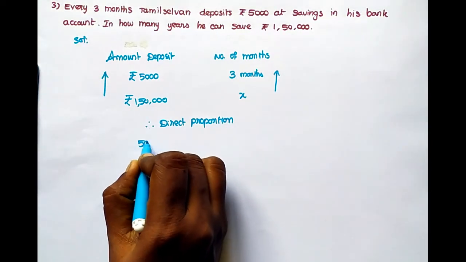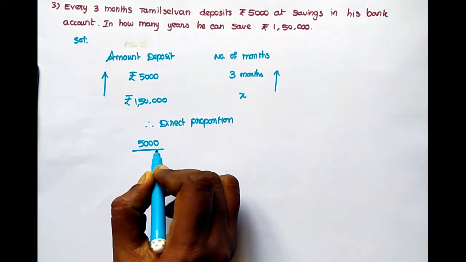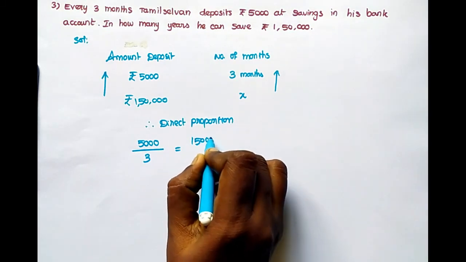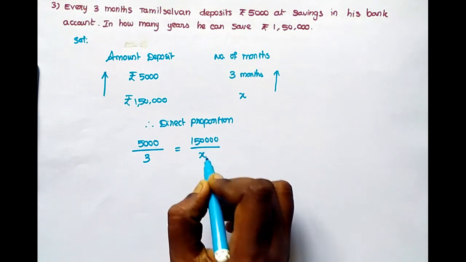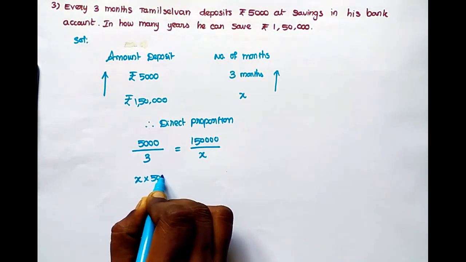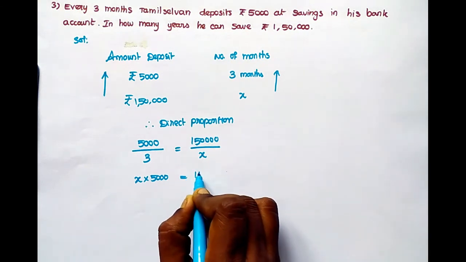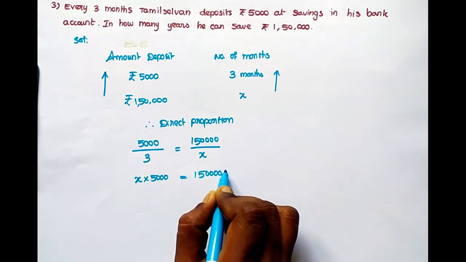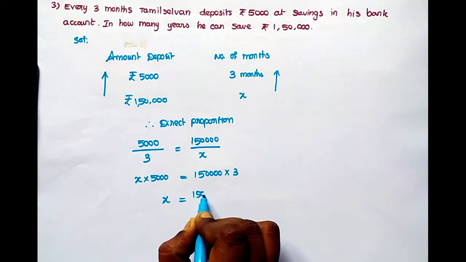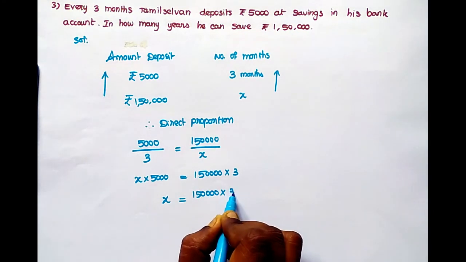Now 5,000 divided by 3 equals 1,50,000 divided by x. Cross multiplication, x into 5,000 equals 1,50,000 into 3. Now x equals 1,50,000 into 3, divided by 5,000.